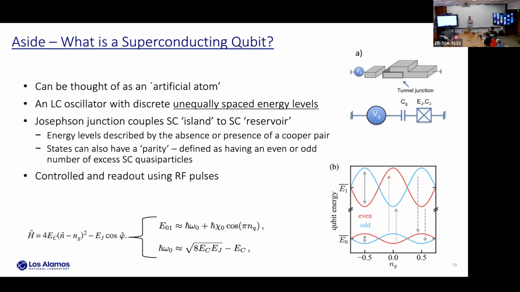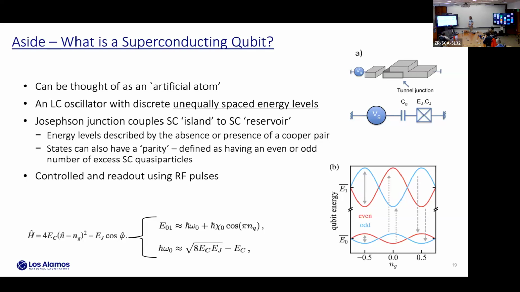So a tiny aside to superconducting qubits. A superconducting qubit has been around, I don't know, popular since the 90s. You can think of this as a macroscopic way to simulate an artificial atom.